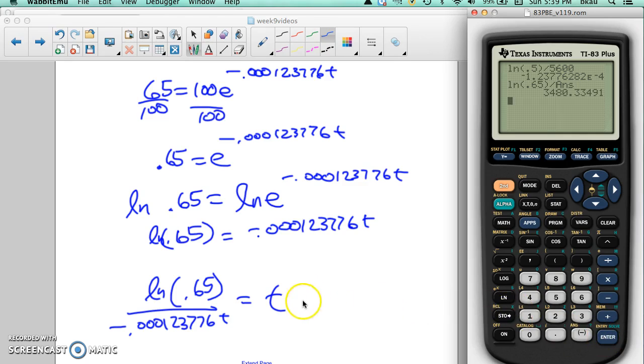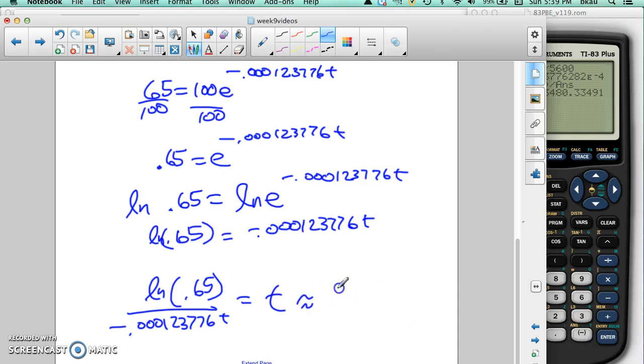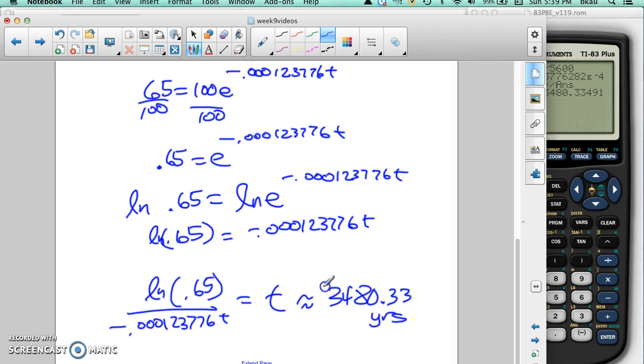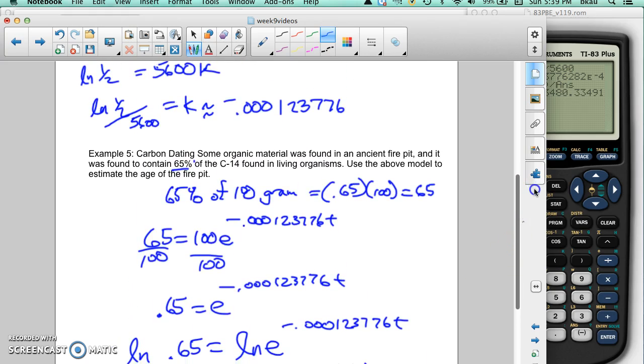I do that, and I get approximately 3,480 years. So 3,480 years to lose 35% of your carbon-14 in an organic material.